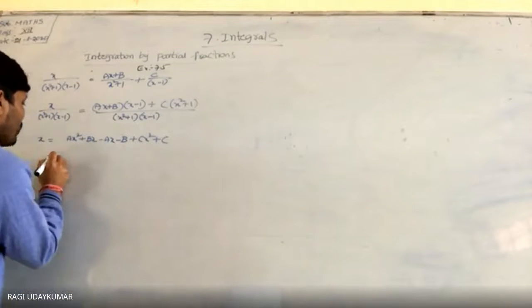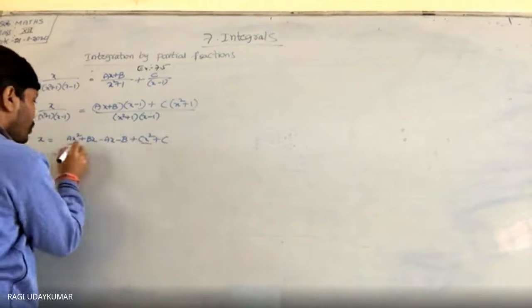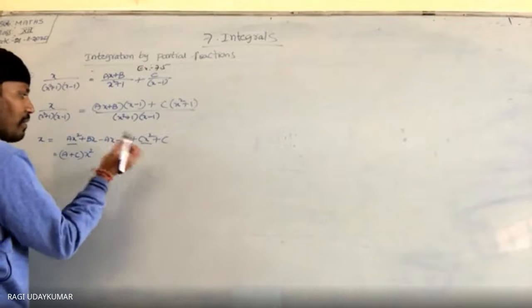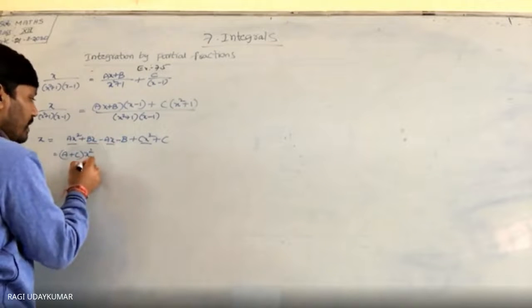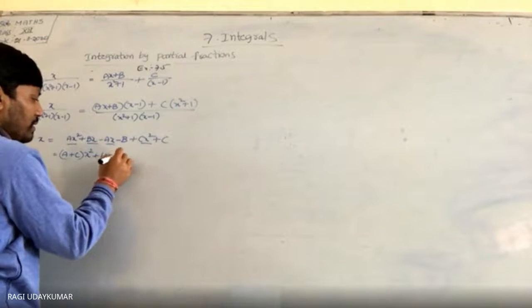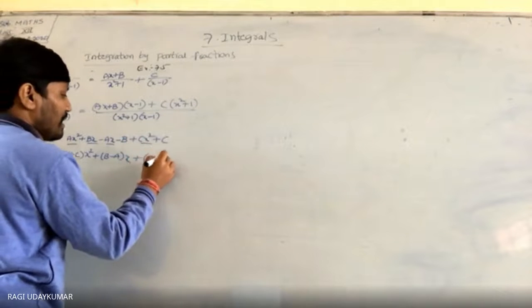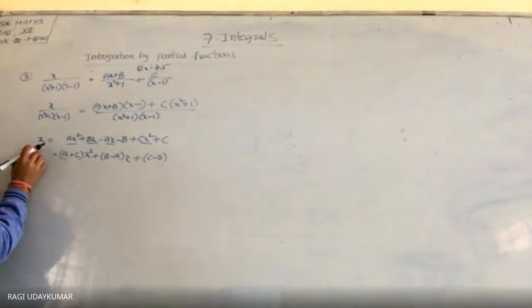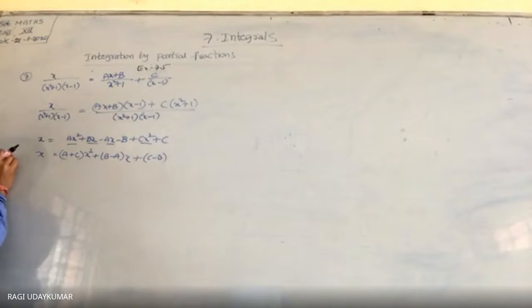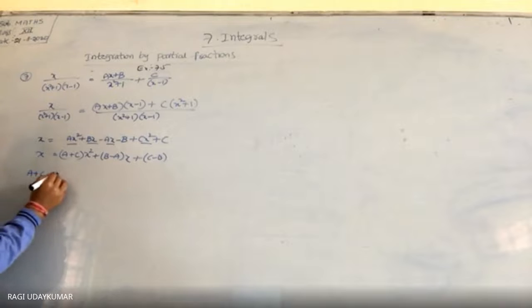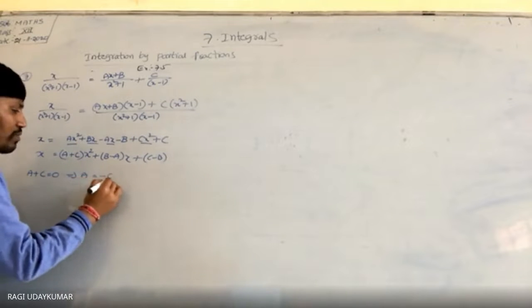Now bring all the x square terms together: a plus c into x square. Write the x terms together: b minus a into x. Constants: c minus b. Now if you compare the x square coefficients, there is no x square on the left, so it is 0. So a plus c should be equal to 0, which implies a is equal to minus c.